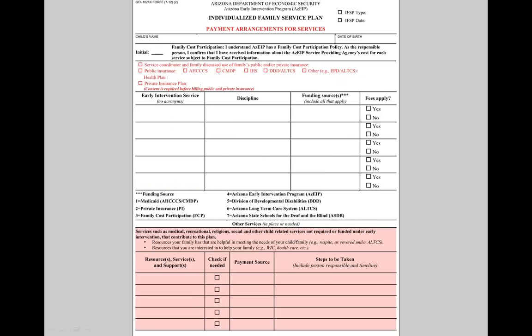The Payment Arrangements for Services page captures information about the payer of services. The family would initial that they received information about the Family Cost Participation Policy. The service coordinator would document by checking the boxes that they discussed the use of insurance, public and/or private insurance.